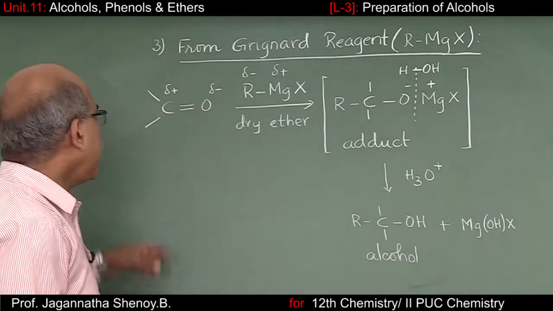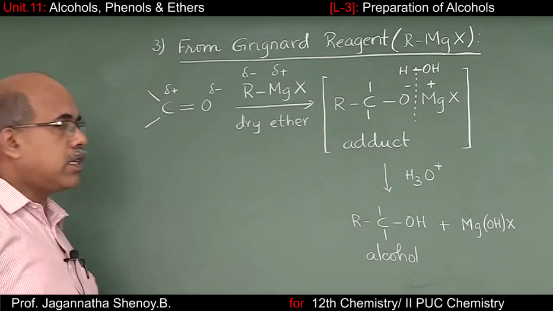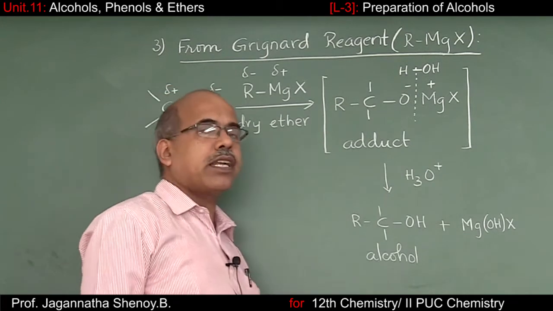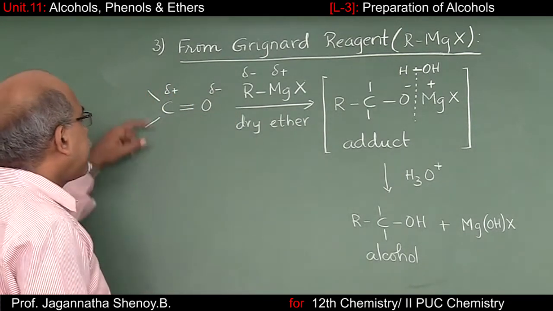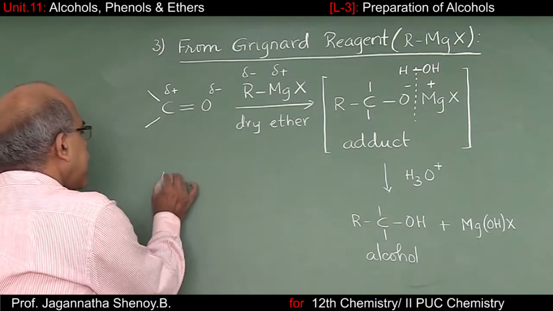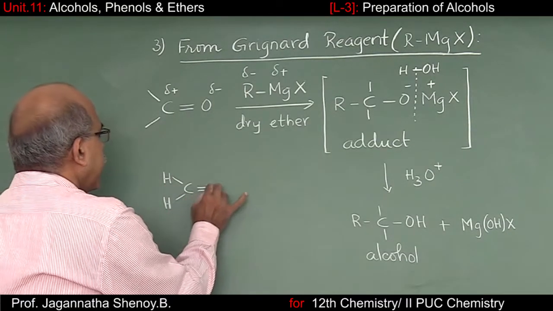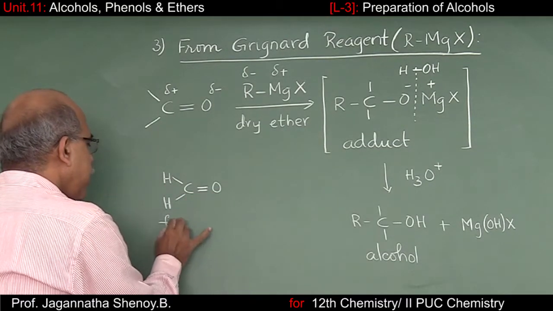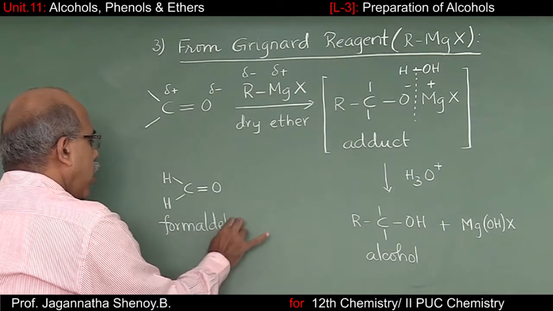Now, depending upon the groups that are attached to the carbonyl carbon, we are going to get different classes of alcohol. For example, if both the bonds are satisfied by hydrogen, what I get is formaldehyde. So this is formaldehyde, or I can call it methanol.